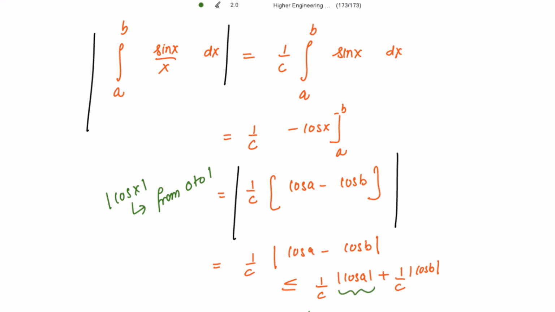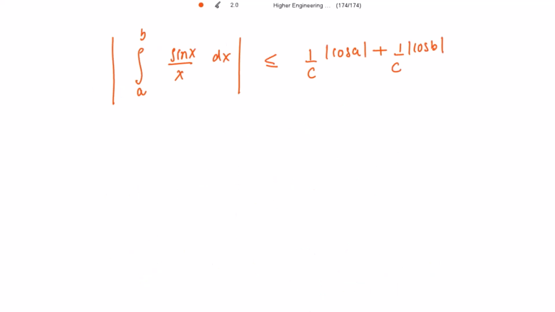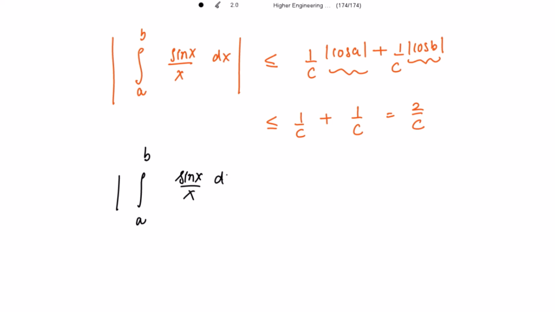Because here I'm having cos a in the mod, and it is given that a is strictly greater than 0 and less than b. So I'm taking the absolute value of cos a to be less than or equal to 1, right? So this is further less than or equal to 1, and this is also less than or equal to 1. So this becomes 2 divided by c. So that means the mod of the integration from a to b of sin x divided by x dx is less than or equal to 2 divided by c.